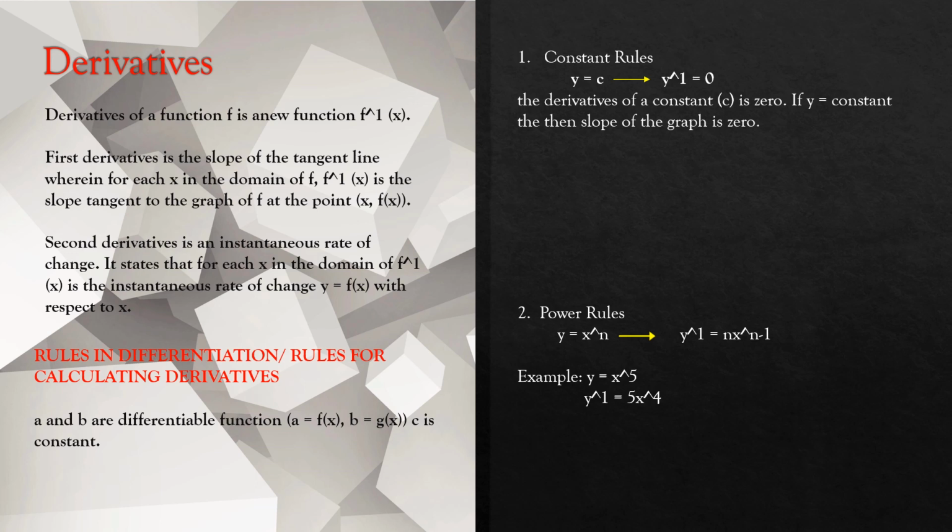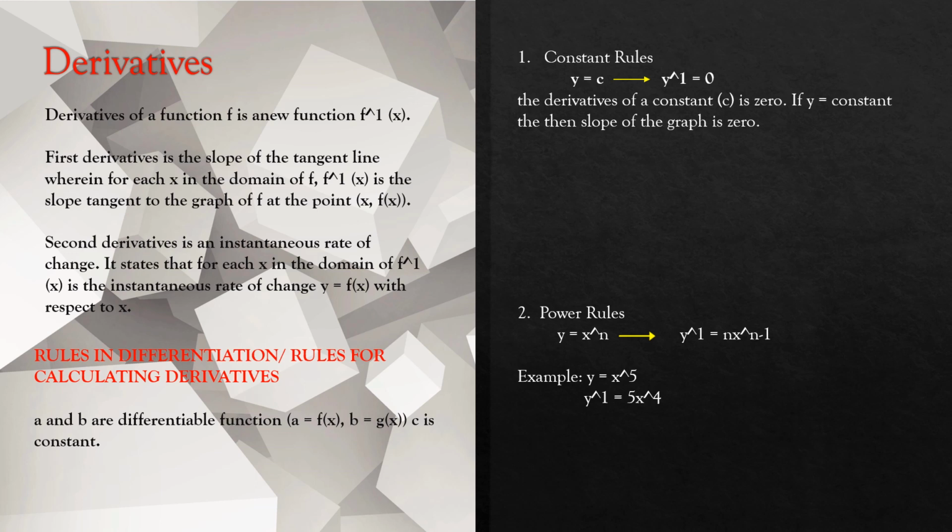So there are rules in differentiation, or rules for calculating derivatives. Let a and b be differentiable functions, where a equals f of x, b equals g of x, and c is a constant. First, we have the constant rule. In the constant rule, y equals c, and the derivative will be equal to 0. The derivative of a constant is 0.